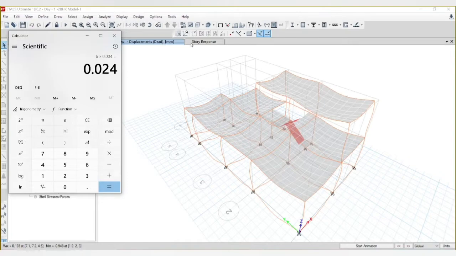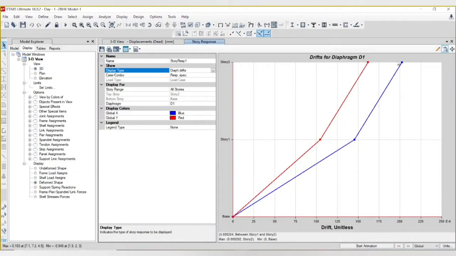Now if you check the story displacement, you are having 0.002, which is acceptable. So your floor displacements are not above the limit which is given, and you can proceed with this design.